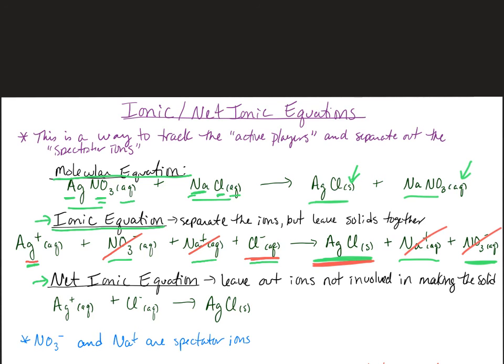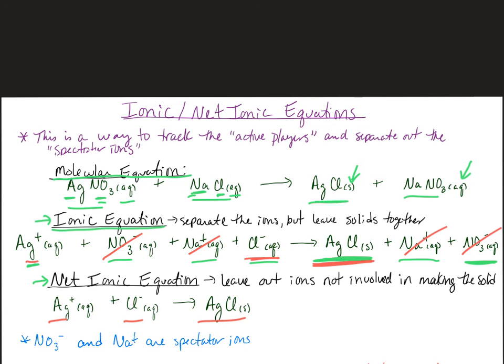So the ones that I've underlined in red are the ones that I kind of call the active players, right? Because this and this equal that. That's really all you're writing down when you come to a net ionic equation. The ones that I struck through, Na and NO3 on both sides, those are the spectator ions. They're just watching the other reaction happen.